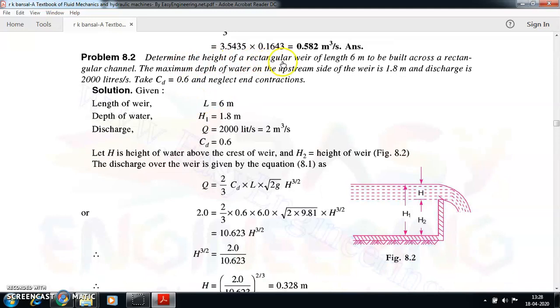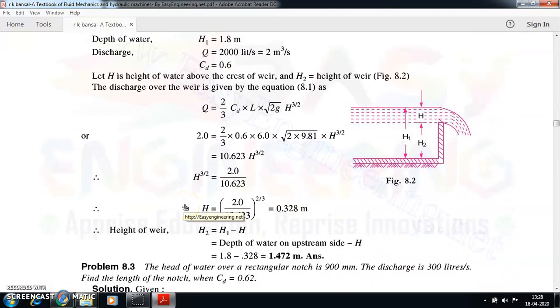So to find the height of the rectangular weir, what will it be? If you see the weir diagram, this is your weir, this is the channel of the water that is coming, that is the nappe. Now this is your H, the head of the water above the topmost point of your weir.